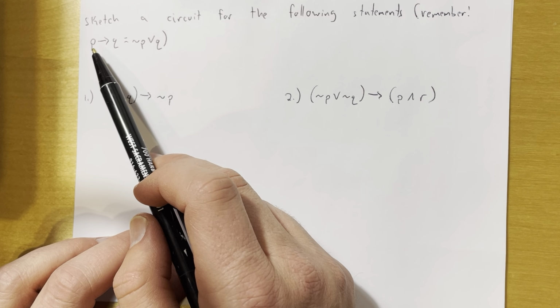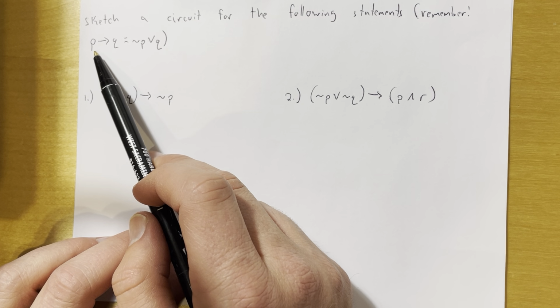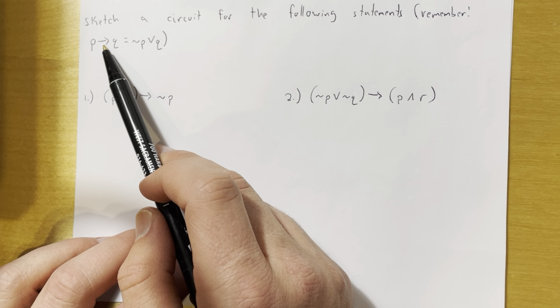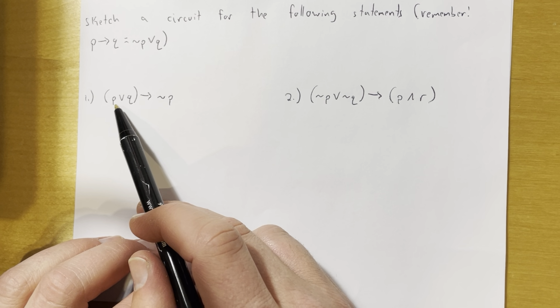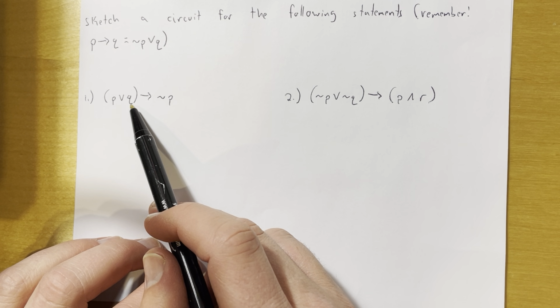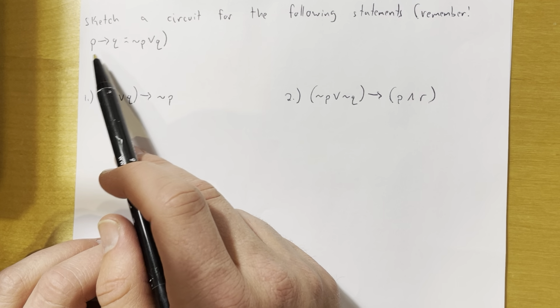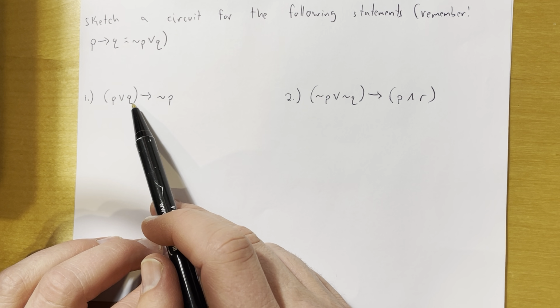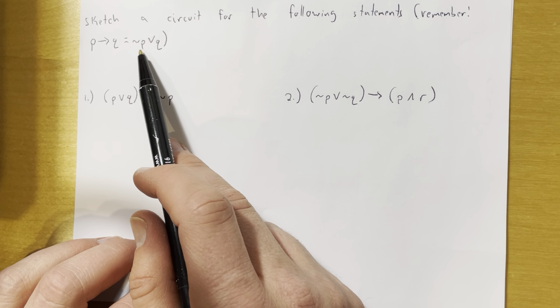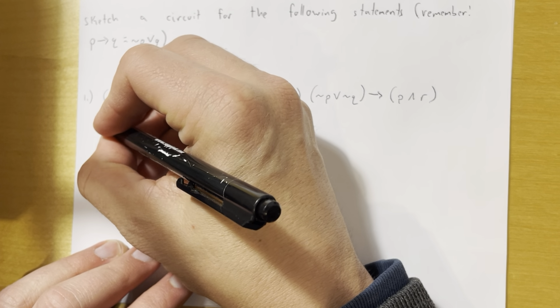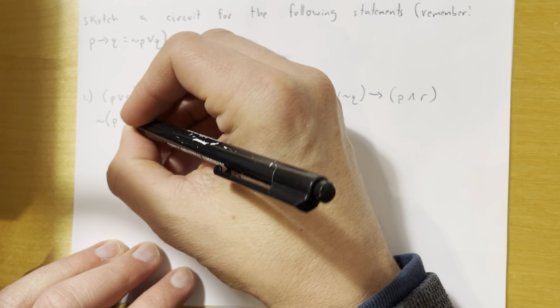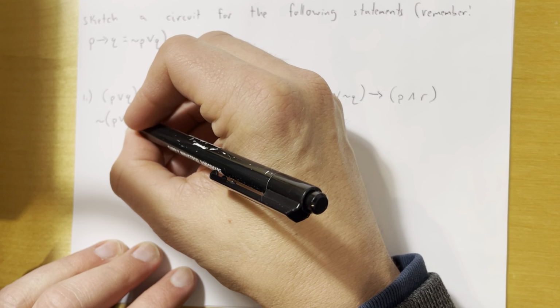So what this says is P implies Q, P being the antecedent in this conditional statement. In my example here, my antecedent is a tad more complicated looking. It's not just P or Q or something like that. It's P or Q. And to rewrite this, I need to take the negation of that entire antecedent. So that's going to look like this. Not, then in parentheses, P or Q.